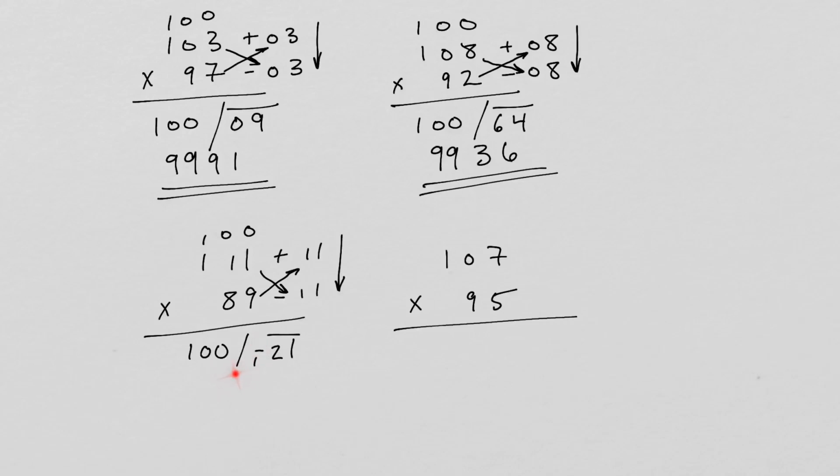So that means instead of adding like we have been doing, we're going to subtract. So 100 minus 1 will give us 99. And then we still have this 21 bar left over. So first we subtract this 1 to get 99, and then this 21 bar still remains.